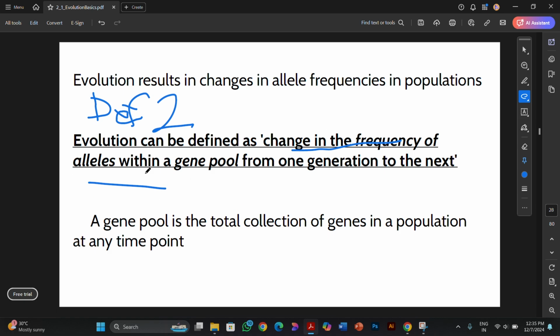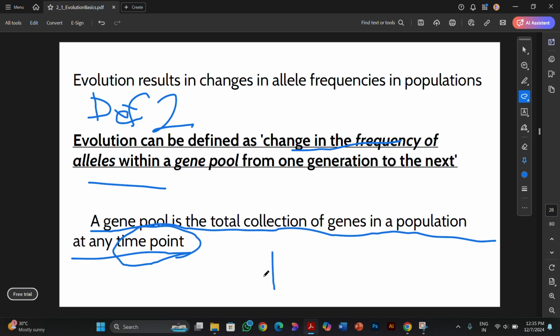Now the definition of gene pool: the gene pool is the total collection of genes in a population at any point of time. Notice the point of time is very important, because the gene pool keeps fluctuating. At this point of time the collection of genes is different, and at this point of time the collection of genes is different.